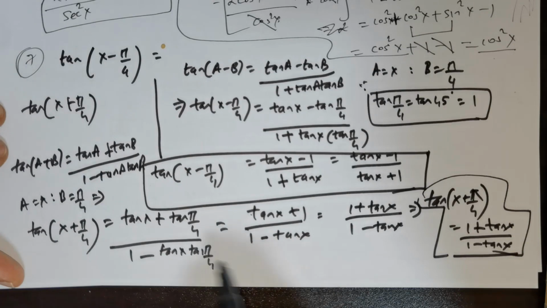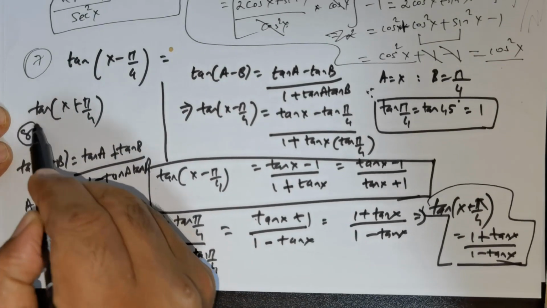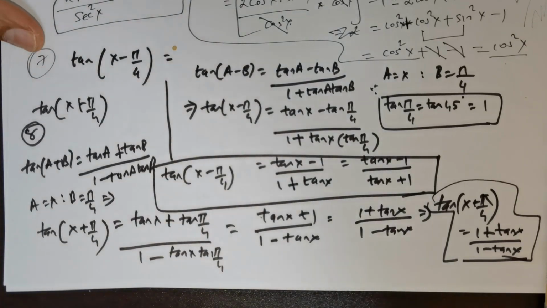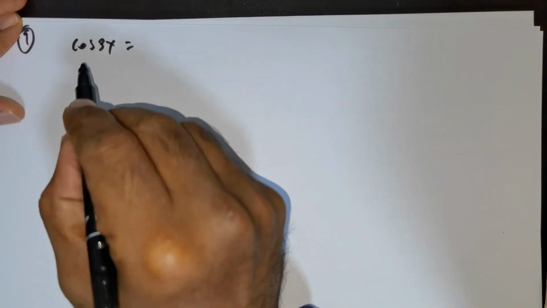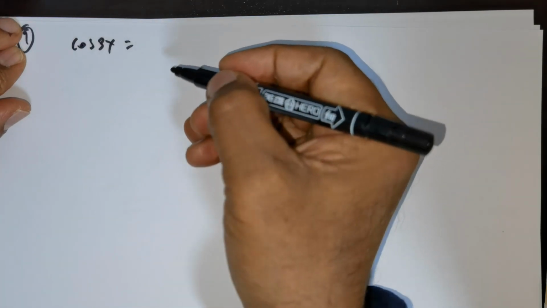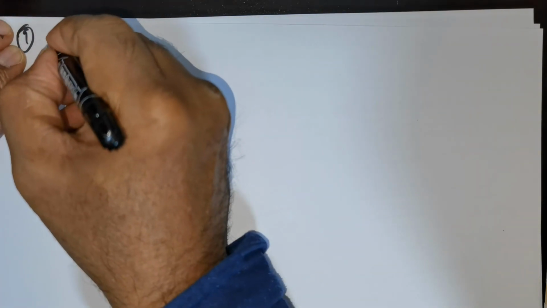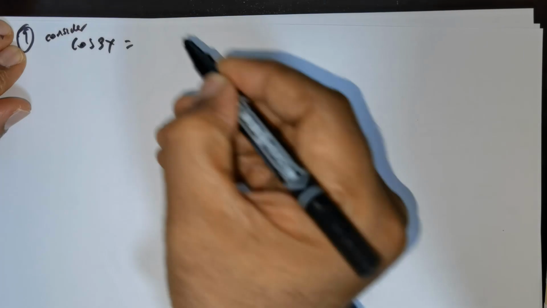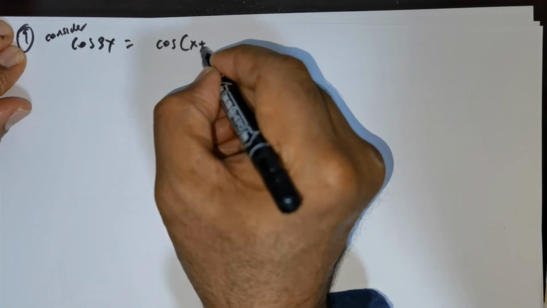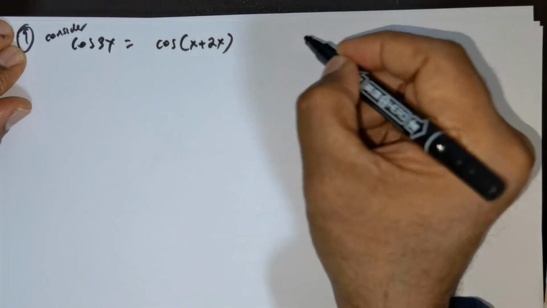Okay, so I'm going to take this as problem 8, and now I'll move on to do problem 9. Now this is a very important result, that is the identity for cos of 3x. Now what I wish to do, I will start off by stating consider, then I will rewrite this as cos of x plus 2x.